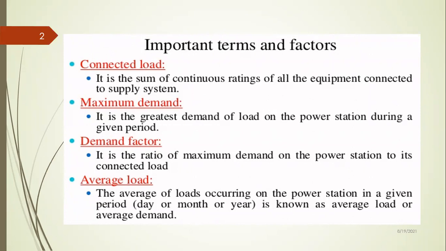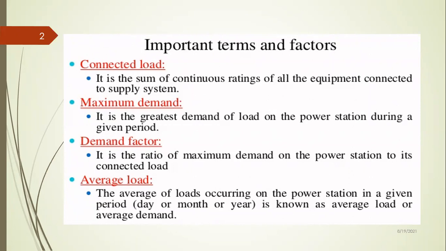That means in which particular time period the demand is maximum, or the maximum outlets are on, or the maximum equipments are on. You may calculate this for any particular house or city or colony, that what is the maximum demand in our house at what particular time.